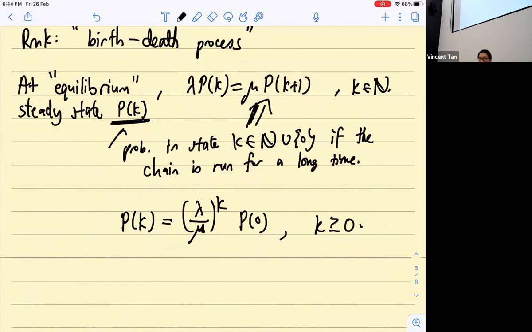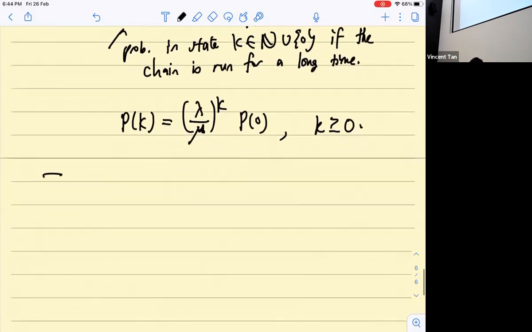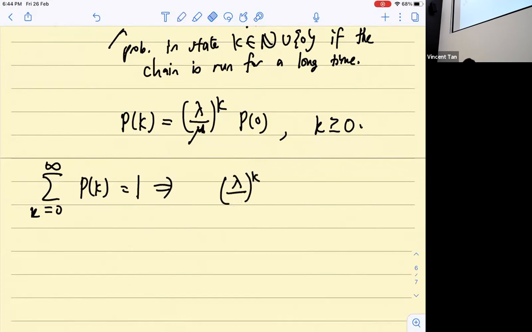But at the end of time, you must be somewhere. So we have the normalization condition: the sum of all the probabilities, k running from 0 to infinity, must be equal to 1. If we plug this in, we have lambda over mu raised to the power k times p0. Now p0 is a free parameter. We do not know what it is.